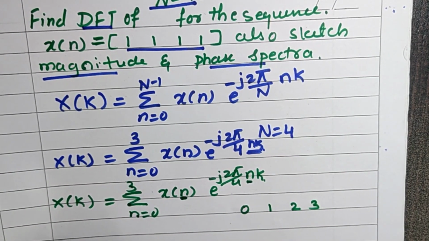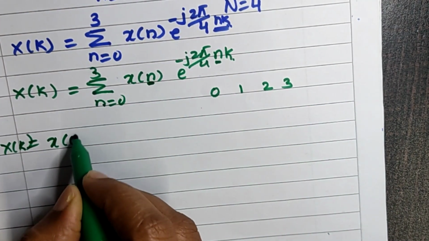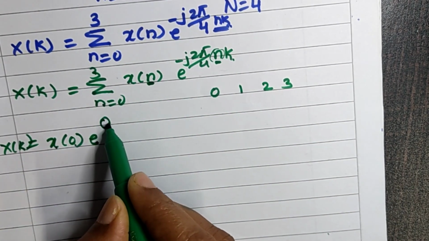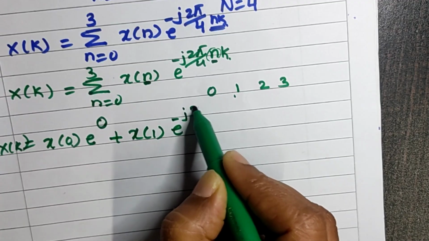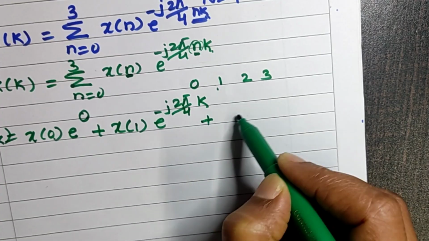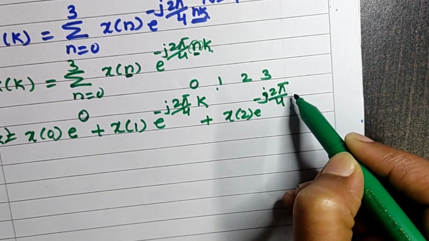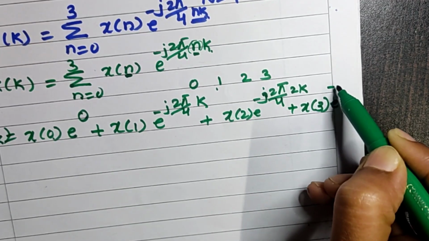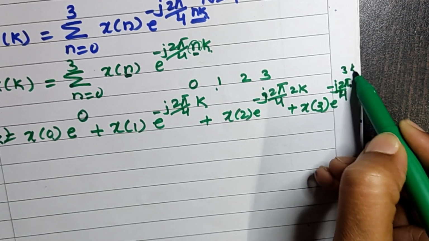So X of k will be equal to x of 0 into e raised to 0, plus x of 1 e raised to minus j 2 pi by 4 into 1k, plus x of 2 e raised to minus j 2 pi by 4 into 2k, plus x of 3 e raised to minus j 2 pi by 4 into 3k.